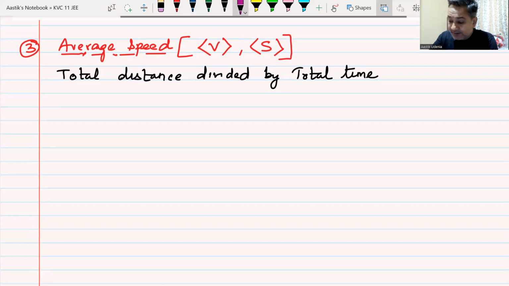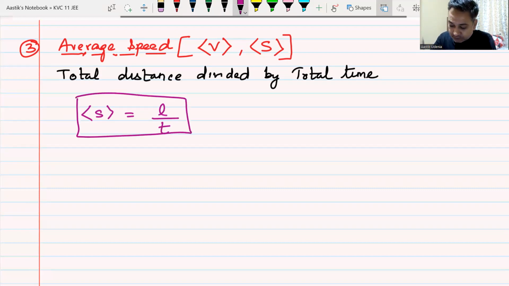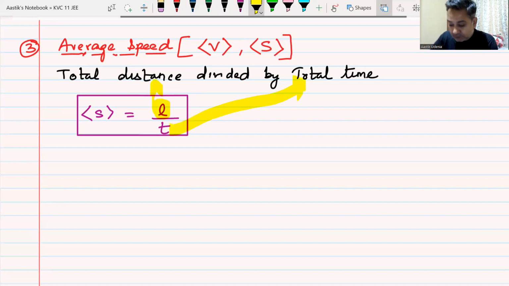So I will write it like this. S in a box is L divided by T. What does L stand for here, my dear friends? L is our old friend, distance. T is our new friend, time. Total distance divided by total time.